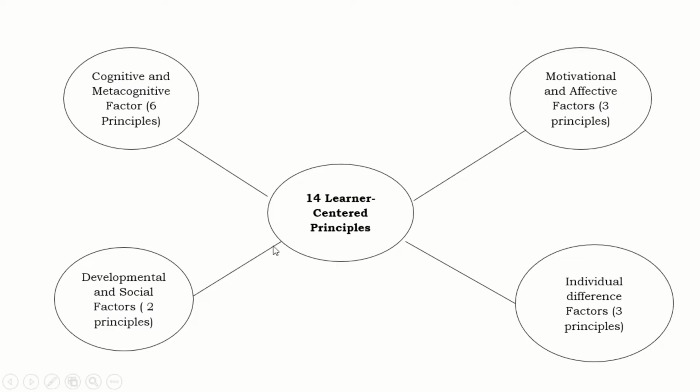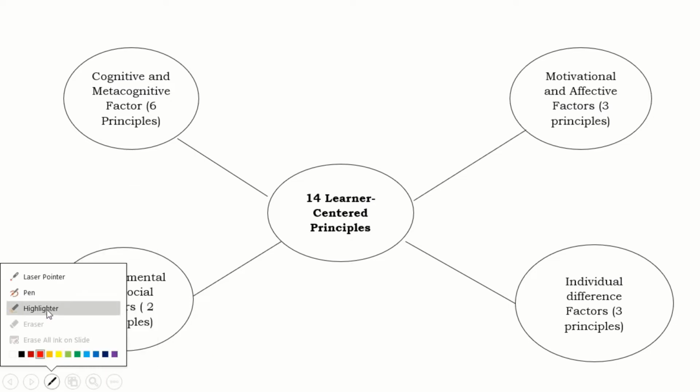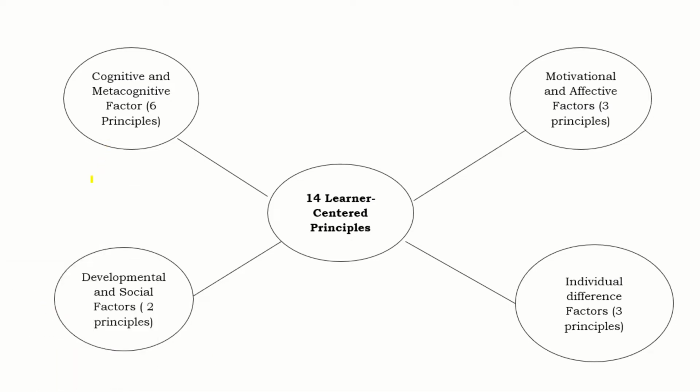For example, here, may I just give you my highlighter. In the cognitive and metacognitive factors, it includes six principles, while under the motivational and affective factors, we have three principles.